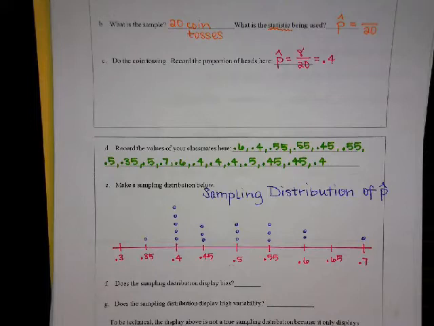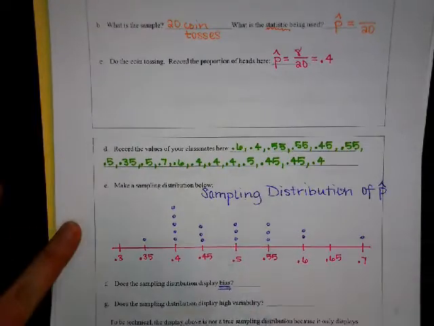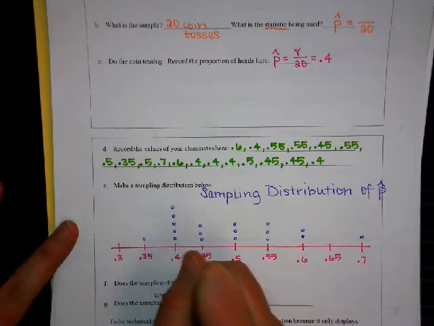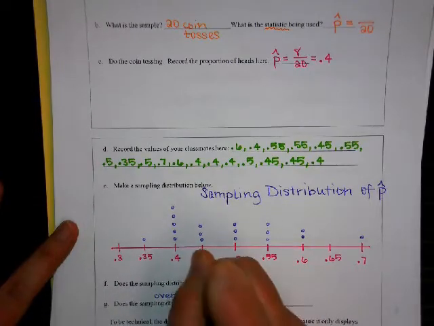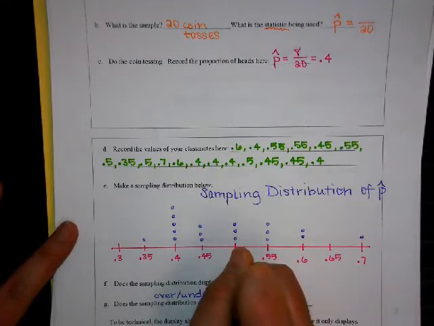All right, so bias, just in case you forgot, that means that we over or underestimate what we're trying to measure. So up in the square above, underestimate.